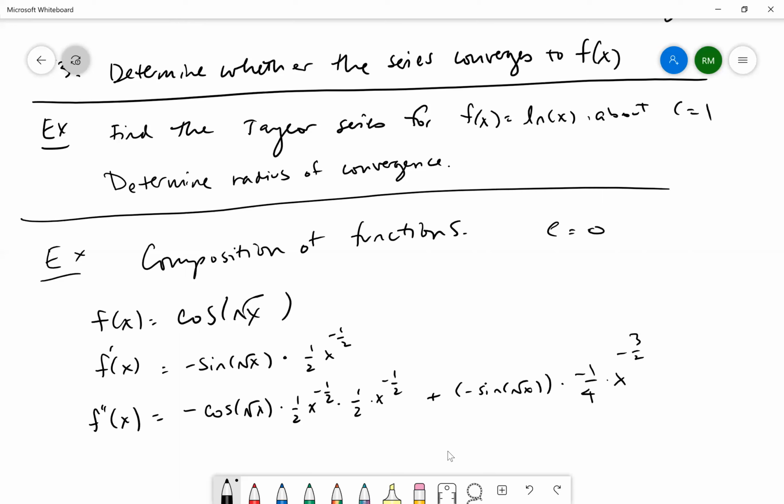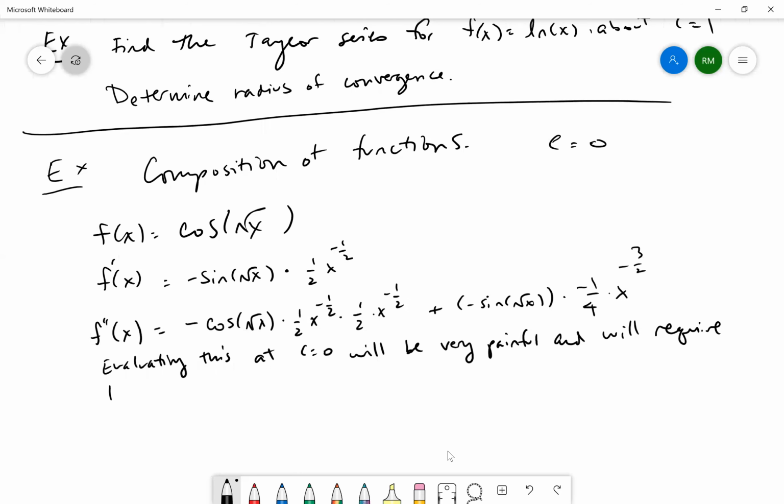Evaluating this at 0 is going to be very painful. It will require limits and L'Hopital's rule. Well, what can we do to avoid that?